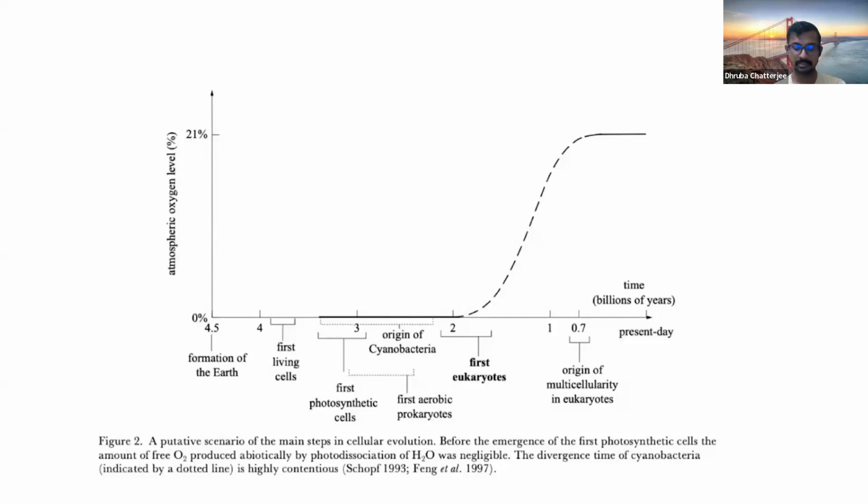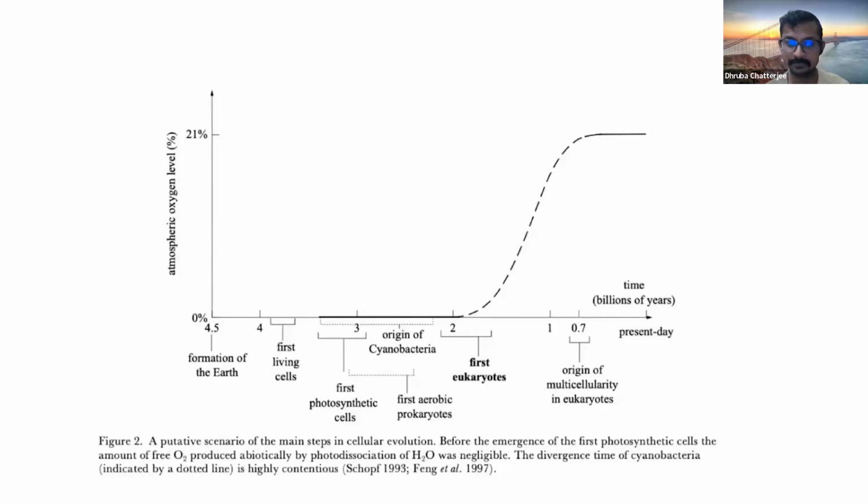When oxygen was not there in such high proportion before the advent of photosynthetic organisms, the only form of respiration for generating the energy that organisms needed for survival was anaerobic respiration, right?